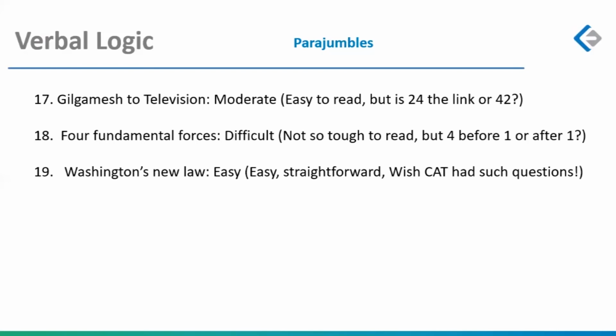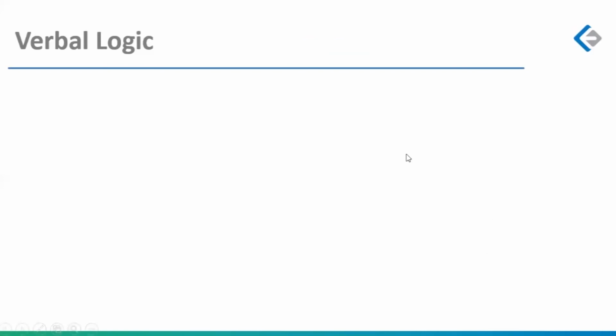So even if you have been taught paraexamples and verbal logic, it will take you some practice of difficult questions to become proficient with something like what you saw in question number 18. 19th, on the other hand, was very easy, extremely easy.